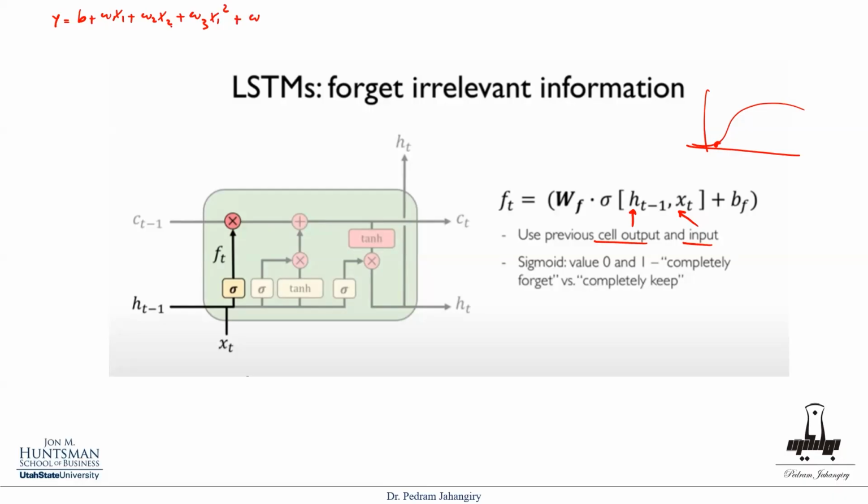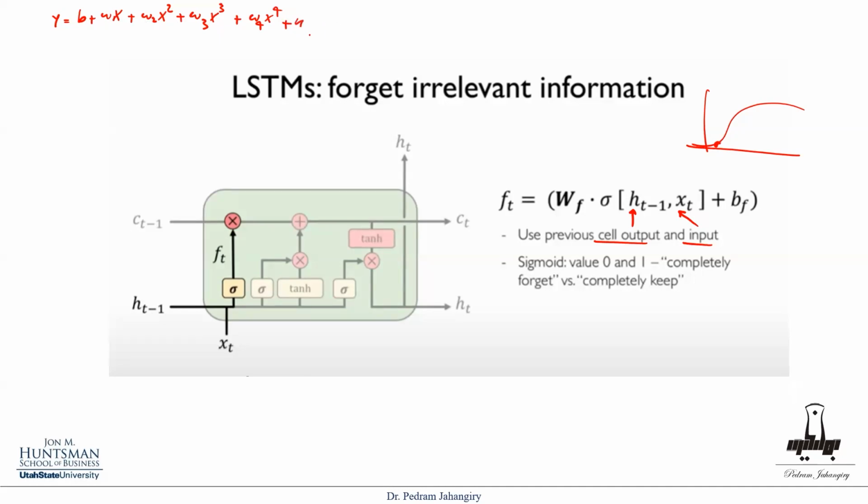Actually, let me make it simple, just one feature because I want to visualize it. Let's just call it x: w1 x, w2 x to the power of 2, w3 x to the power of 3, w4 x to the power of 4, etc., right? Let's stop there, keep it simple.